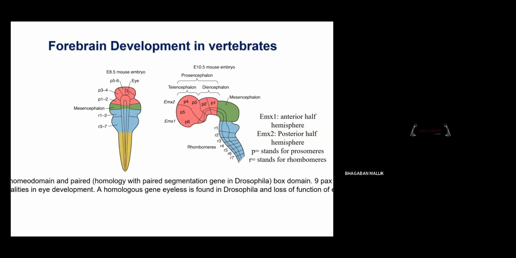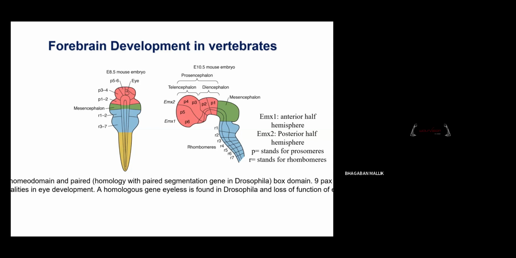We talked about rhombomere development, and now we are going to talk about prosencephalon development. Again, these are segmented, which is represented clearly in the later stage of development. The prosencephalon is divided into two distinct compartments: the telencephalon, this compartment, and the diencephalon. Here is the mesencephalon, and here is the rhombencephalon.